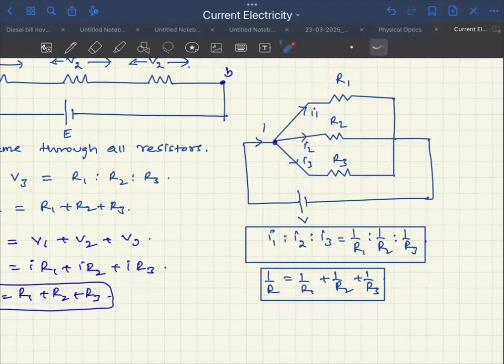All lefts are at one point, all rights at one point. Now, please confirm whether this is true or not. It means that the potential difference across each resistor is the same.